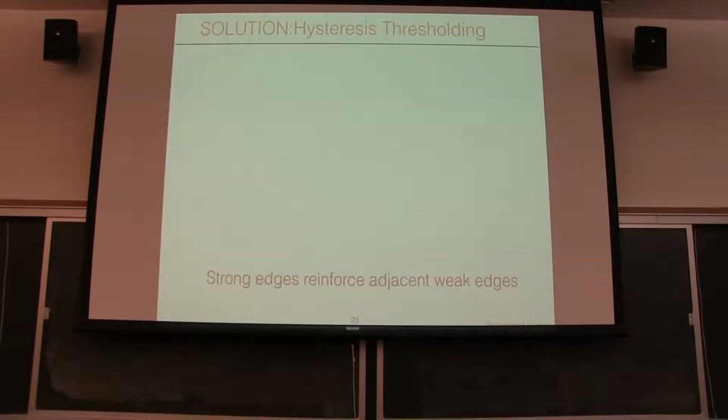Okay, now what Canny proposed in his paper was to have two thresholds, not just one. And he proposed that strong edges help boost up weaker edges. Okay? Let me try to explain what that means.